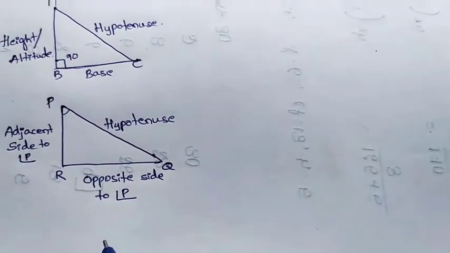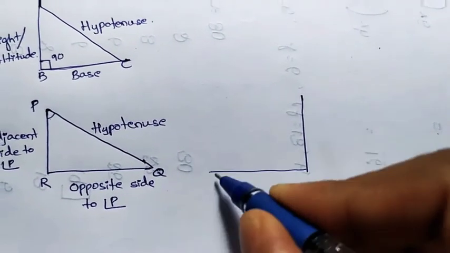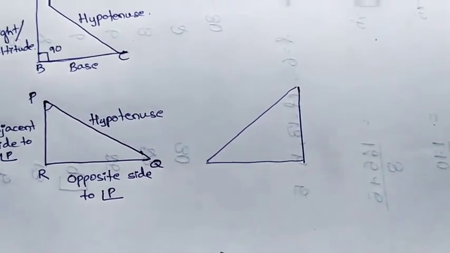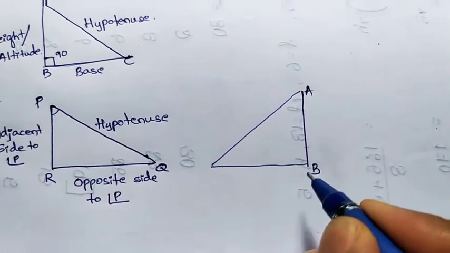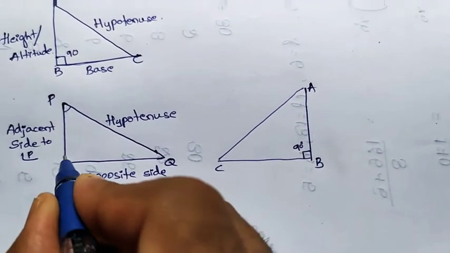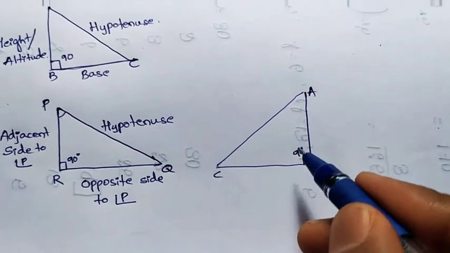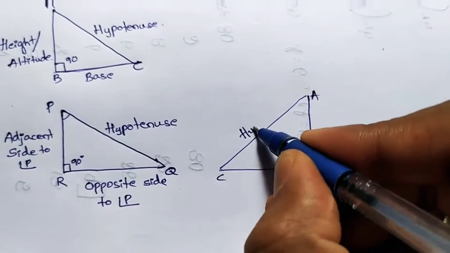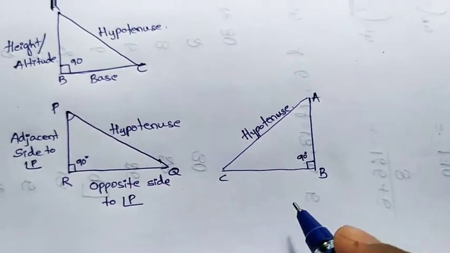Similarly, let's take another example, in reverse order. Taking A, B, C, and B is 90 degrees. Earlier it was R that was 90 degrees. If it is 90 degrees, then the opposite side will be the hypotenuse.